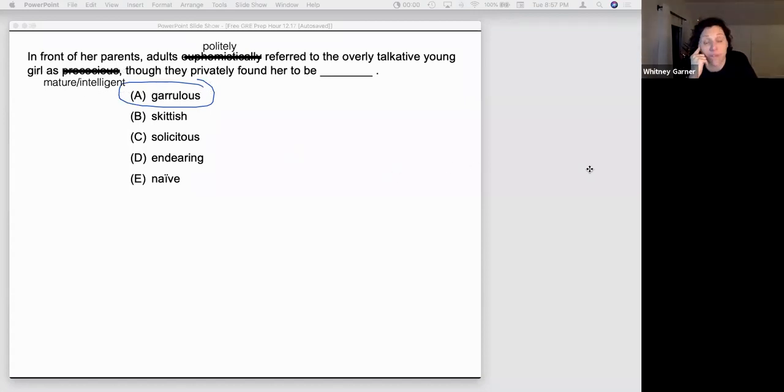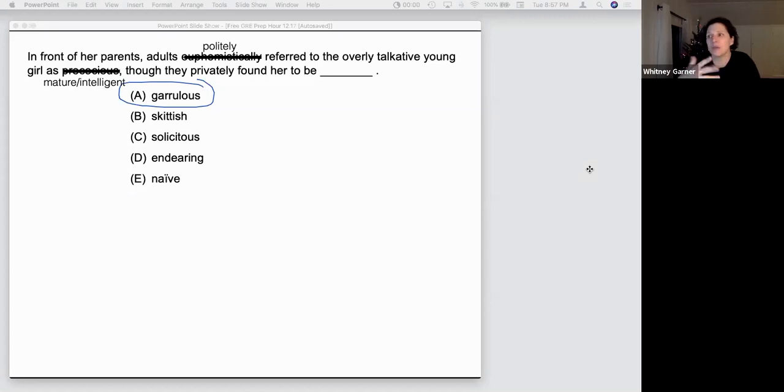Privately, however, we found her to be, so then what would that fill-in be? Forget the word garrulous. Think of a simple word that would fill in that blank. She's overly talkative, and we're kindly calling her mature, intelligent. What must they actually think about her?